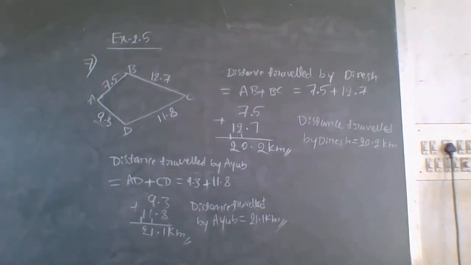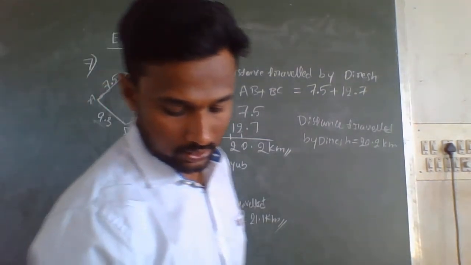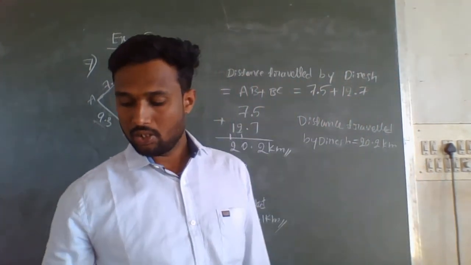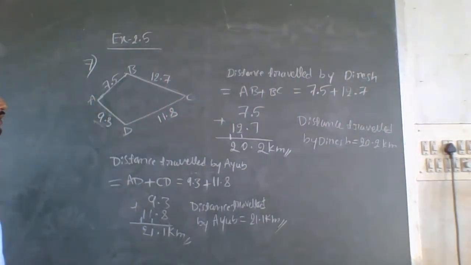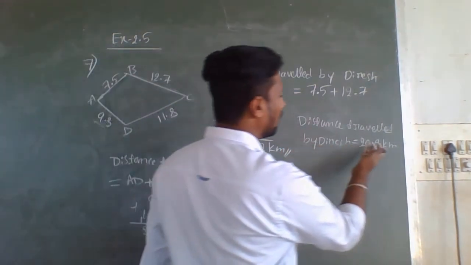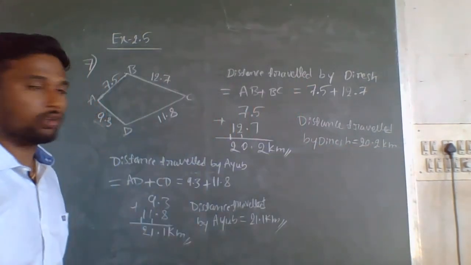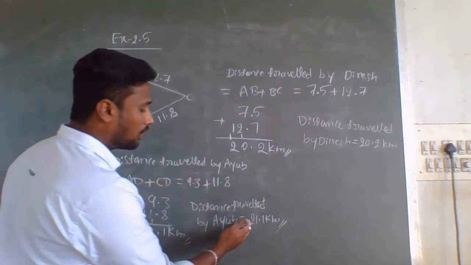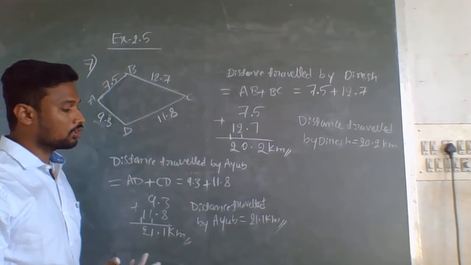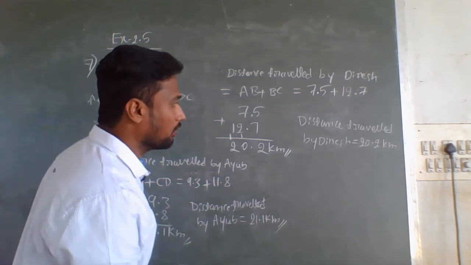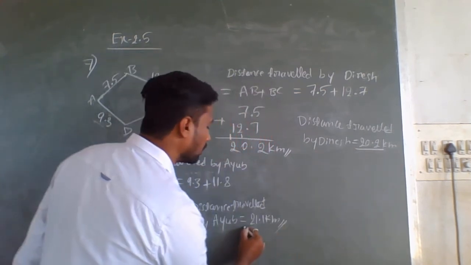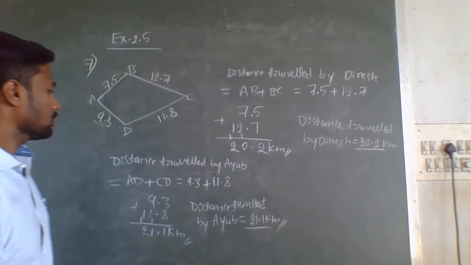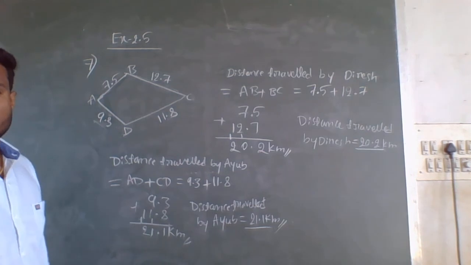Okay. So in the question, what they asked is, who travelled more and by how much? Here you can see Dinesh travelled 20.2 kilometers, and Ayub travelled 21.1 kilometers. Which is the greater value here, 20.2 or 21.1? 21.1 is the greater value. So here Ayub travelled more.